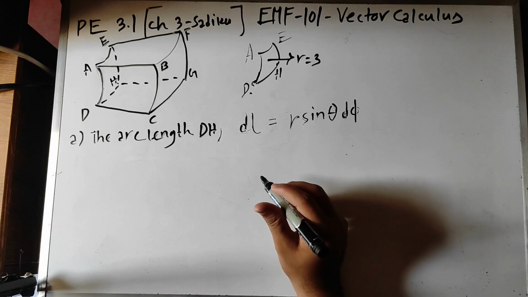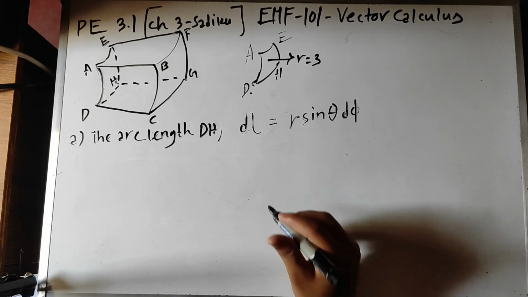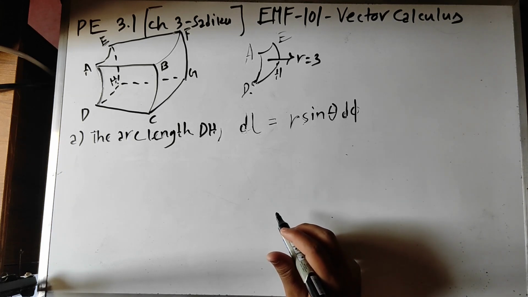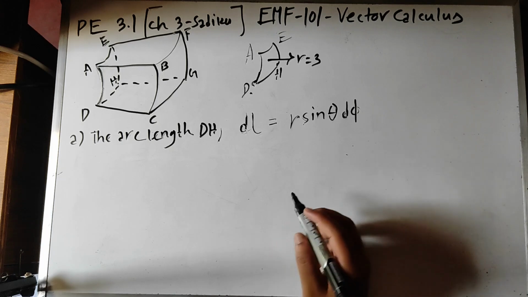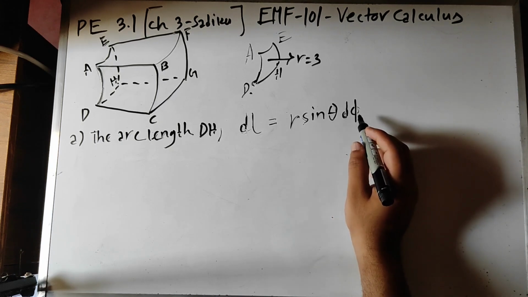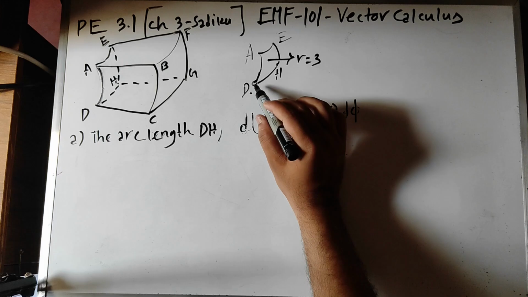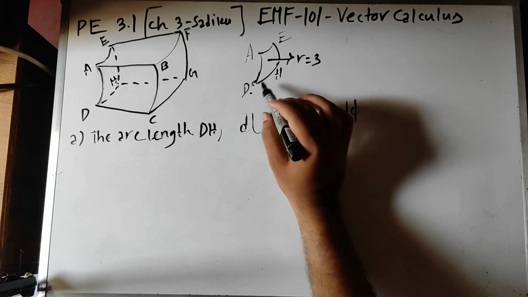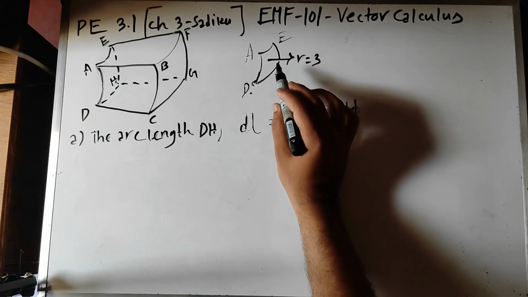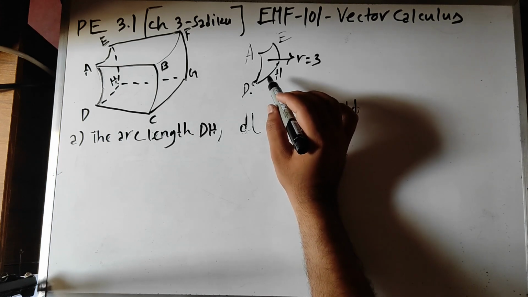All the other coordinates are constant. The point is only moving along the phi direction.